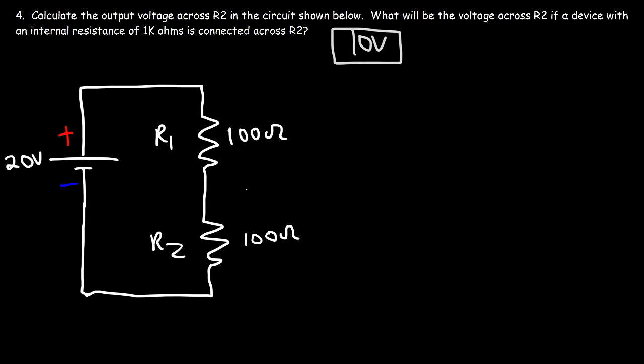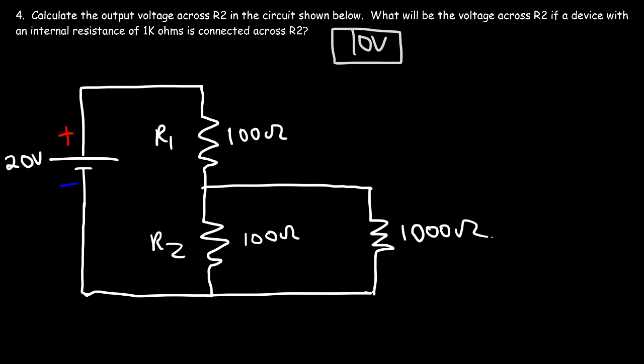Now, it's important to understand that if you connect this with a device, so it has its internal resistance of 1,000 ohms, which is 1 kilo ohm. So I'm going to enclose this because it's some sort of device. You need to understand that when you connect a device across R2, the voltage across R2 will decrease. And the reason for that is some of the current that's flowing through R1 will go in this direction.